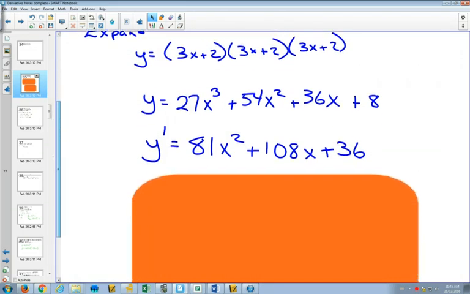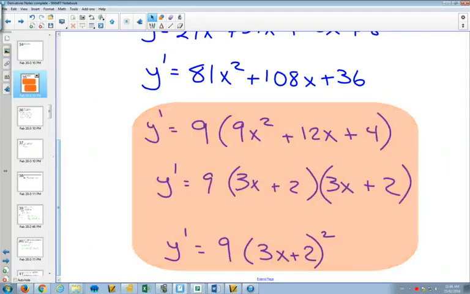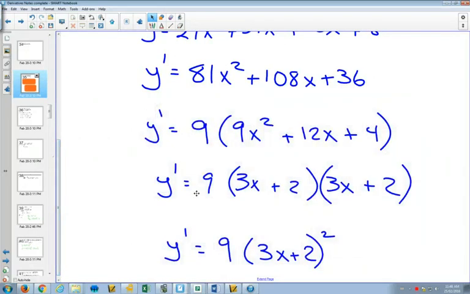So if we're going to factor this completely, we notice that there's a 9 you could factor out in total. Once you take that 9 out, what you're left with is a perfect square, which can be factored as 3x plus 2, 3x plus 2. And we end up with our derivative being 9 times 3x plus 2 squared.